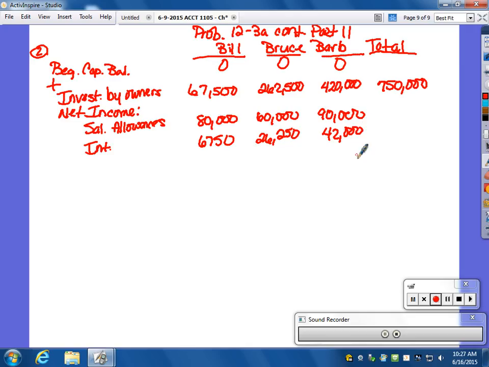Now, the only thing you're going to have to calculate, obviously, is what at this point? What do you need to calculate? Total net income. Right. You know total net income already. What you need to do is find out the remaining, right? If we total this entire line up, what do we equal? 80,000 plus 60,000 is 140,000 plus 90,000 is how much? 230,000.